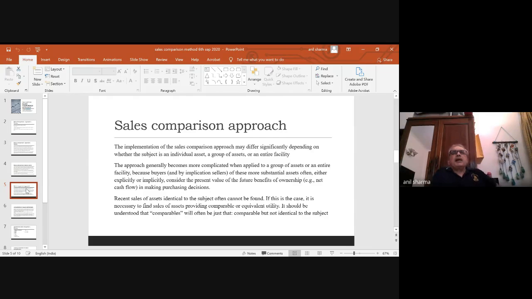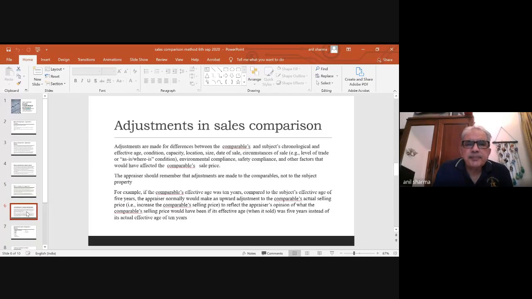So it's generally applied to more individual assets, things like cars, things like individual machines of similar capacity. Those are the things that you'll normally apply the sales comparison method to. It is very difficult to apply to specialized assets, where the number of sales transactions that may have taken place may be very few for you to rely on to compute the value reliably.